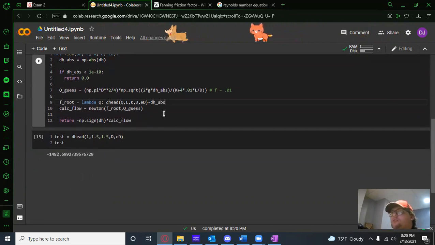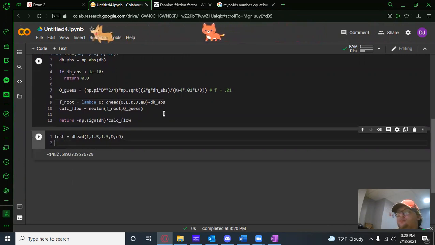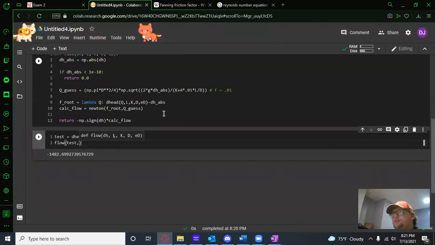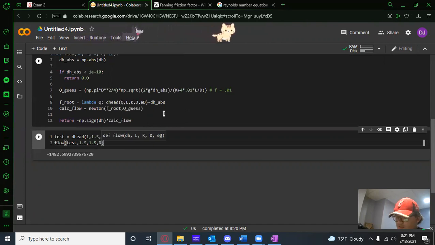So if we do this again, flow, test, our length, which is 1.5, k 1.5, our diameter, just d, and our roughness, which is ed.